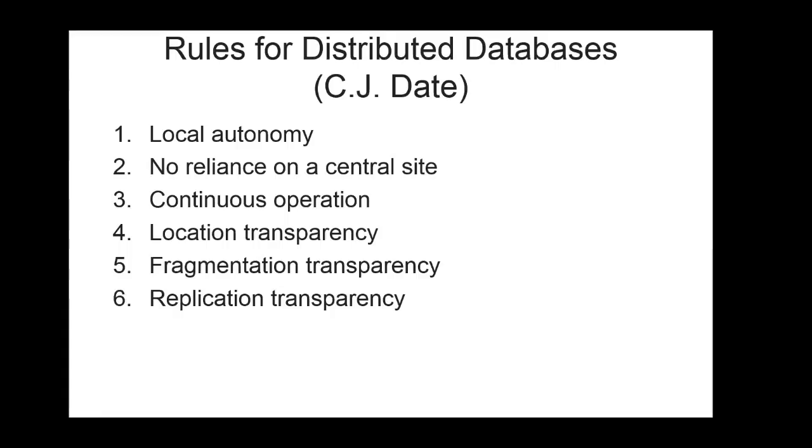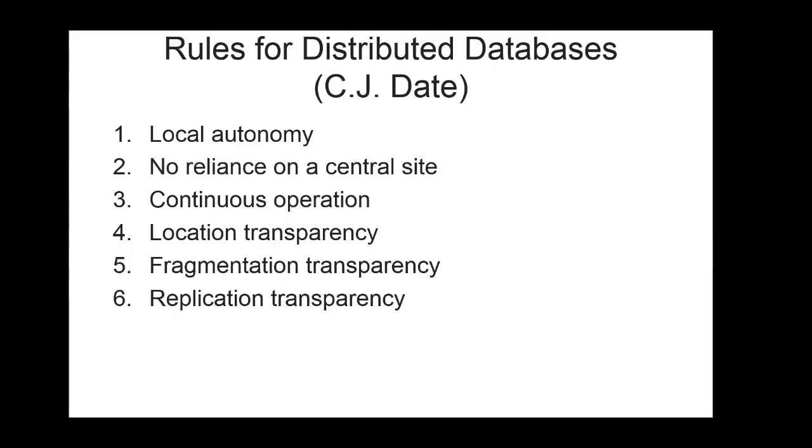Location transparency. Users should not be concerned with the location of any specific data in the database. Fragmentation transparency. Users shouldn't be aware of any data fragmentation that has occurred in the database. Users should feel as if they are using a single centralized database. Replication transparency. Users should not be aware of any data replication.